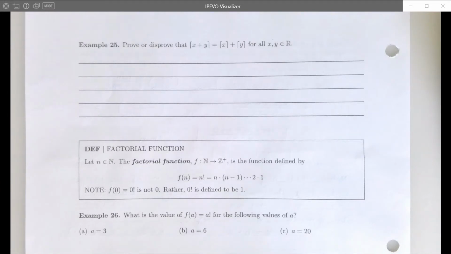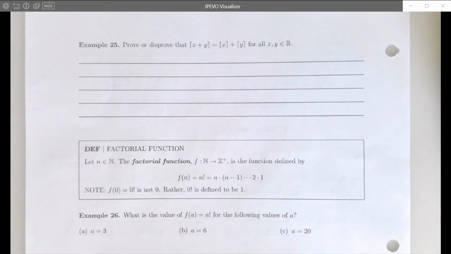What I first would like to test for something like this is maybe two non-integers that have decimal parts that are less than half. Because when we take the sum of those two numbers, they're still going to be below the next integer.